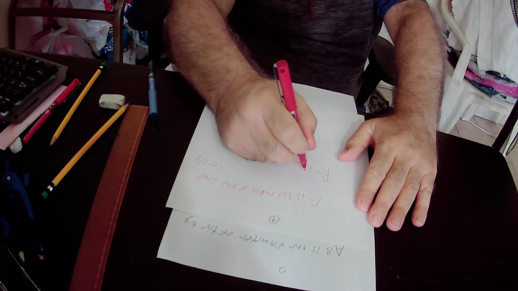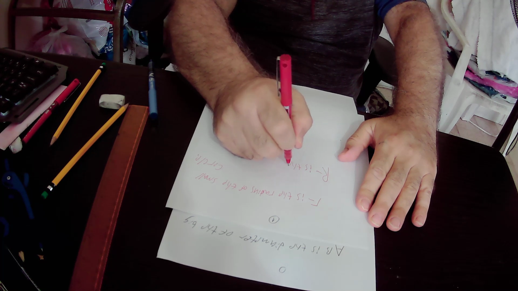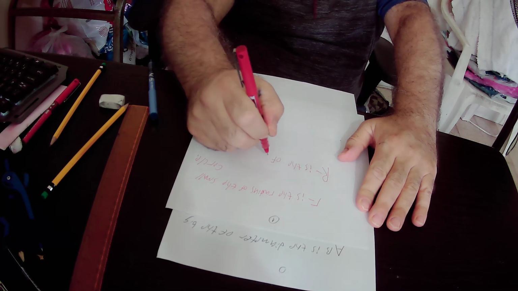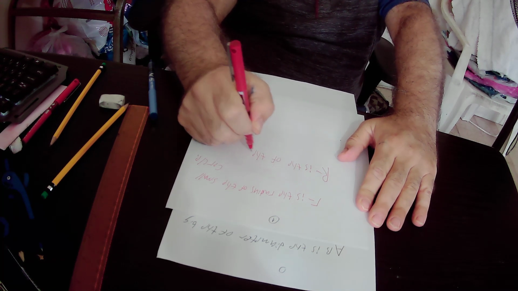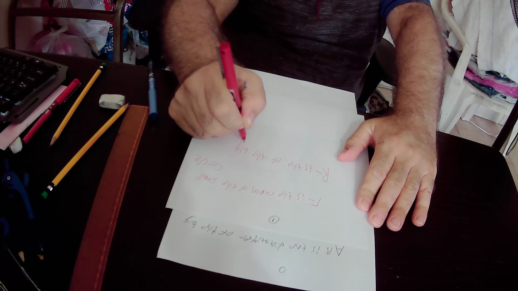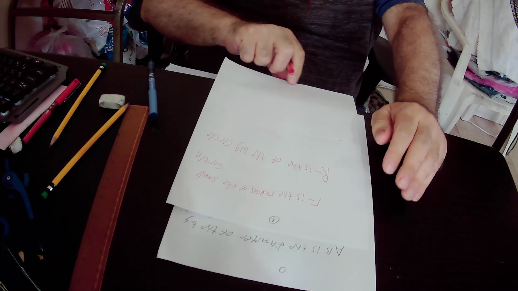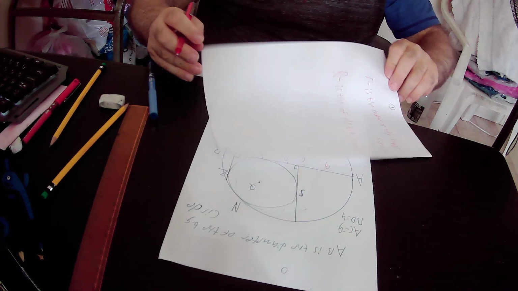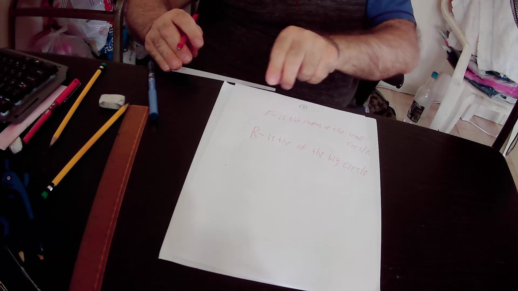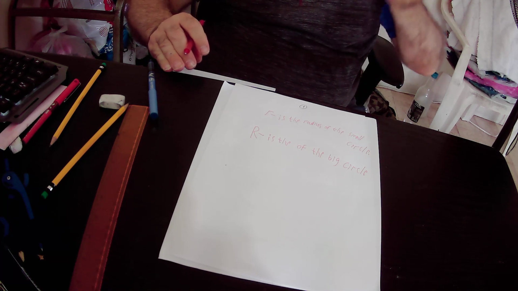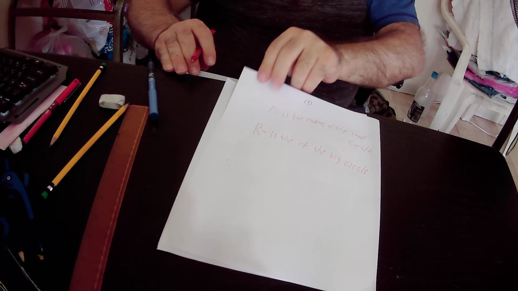Capital R is the radius of the big circle. Small r is the radius of the small circle and capital R is the radius of the big circle.